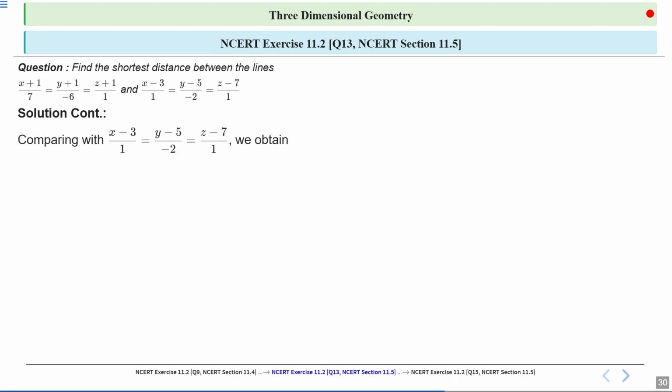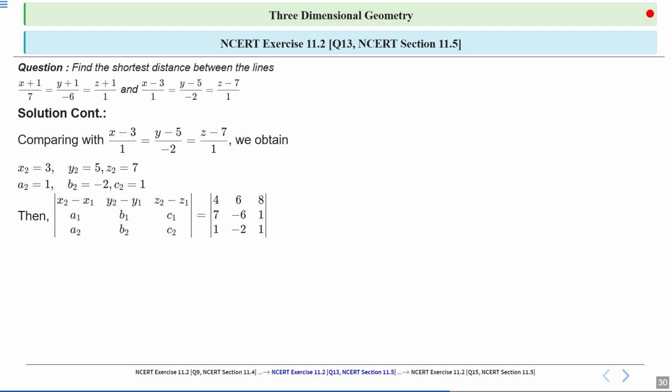Now comparing with x minus 3 upon 1 is equal to y minus 5 upon minus 2 is equal to z minus 7 upon 1, the point on the second line is x2 is equal to 3, y2 is equal to 5, z2 is equal to 7, a2 is equal to 1, b2 is equal to minus 2 and c2 is equal to 1.